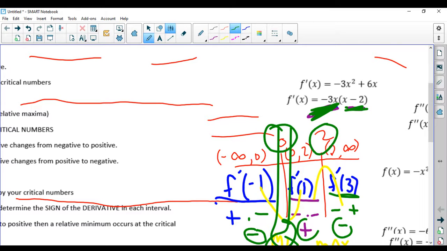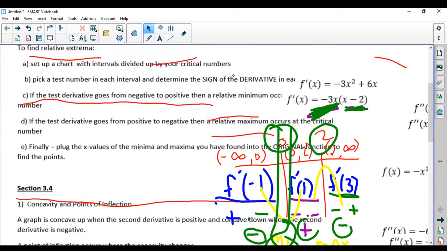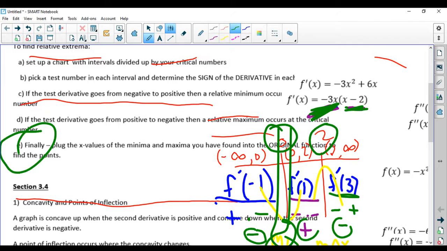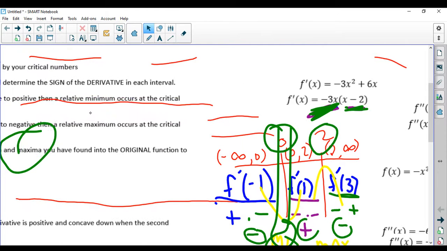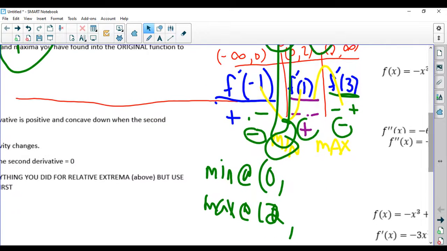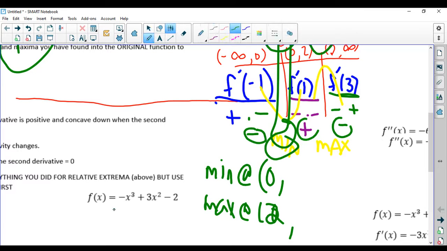And finally, you plug the x values into the original function to find the actual points. When we found these mins and maxes, we have to look back at the original function, which was this, and plug these critical numbers for the min and max into that function to see what the y value is.